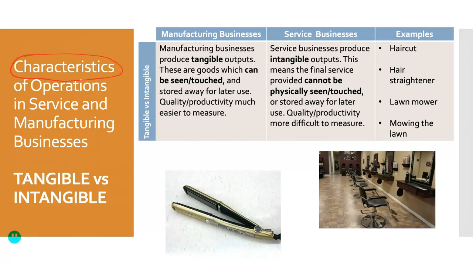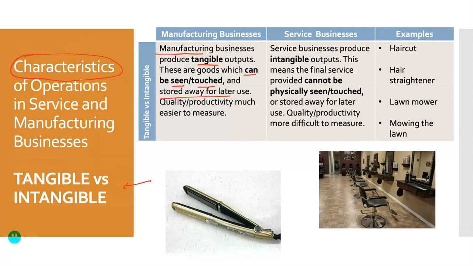And the first one, as we mentioned, is that they are going to differ in whether the product is tangible or intangible. As we discussed, manufacturing businesses are going to produce tangible outputs. Remember, outputs is one part of the operation system. This means the goods can be seen and touched and stored for later use.